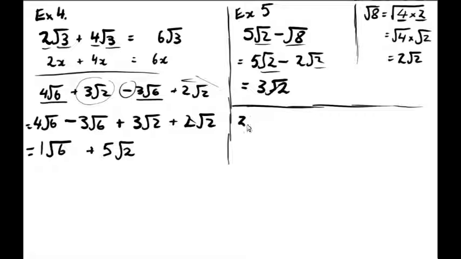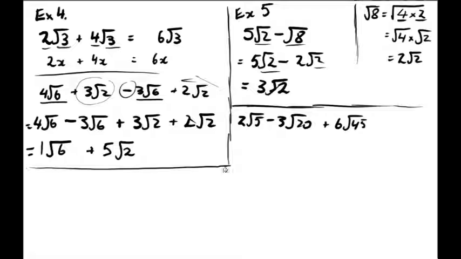And the last one: 2 root 5 take 3 root 20 plus 6 root 45. Now I'm going to have to do the same thing. Well, I can't do much with 5, it has no other factors, but 20 can be expressed as 4 and 5, as we did before.